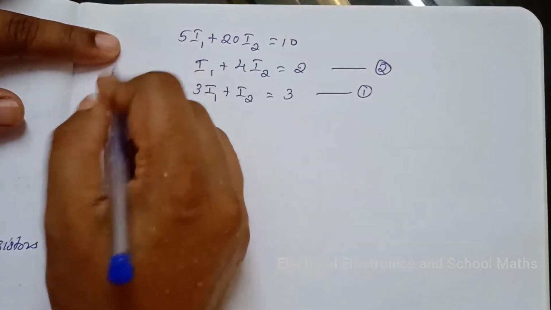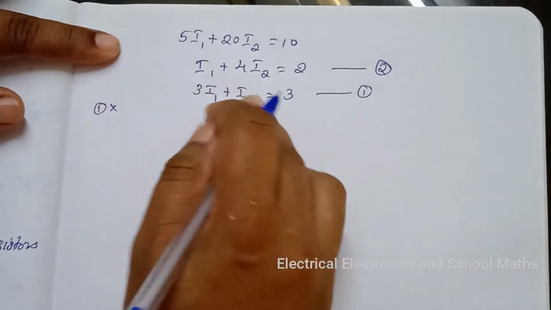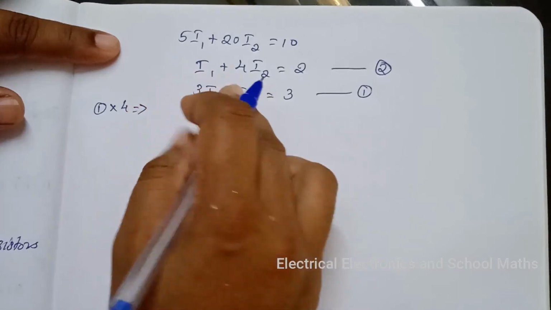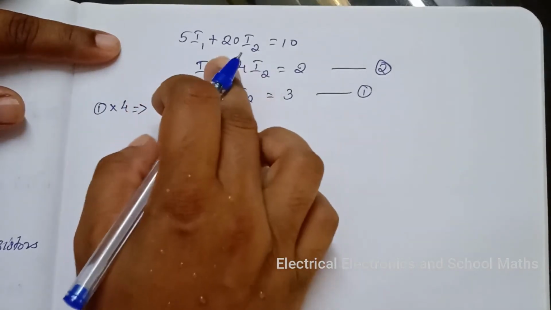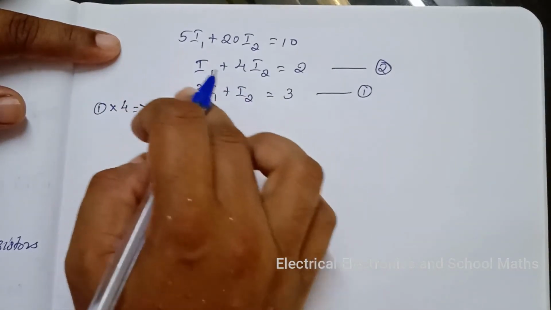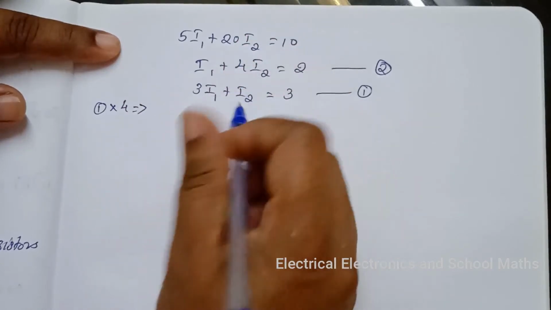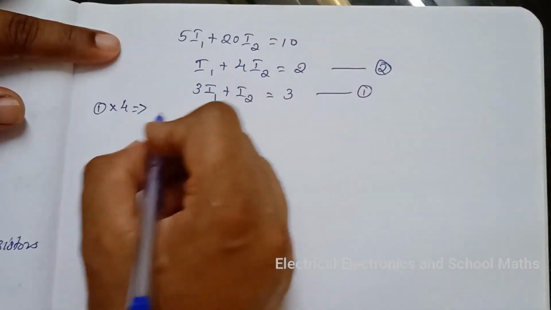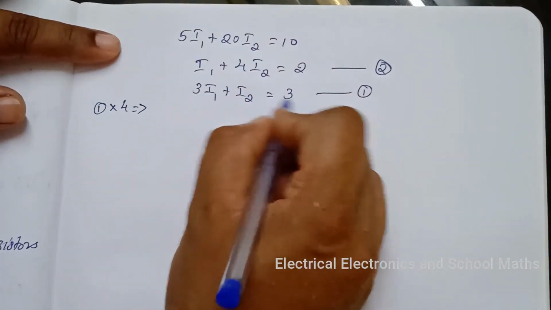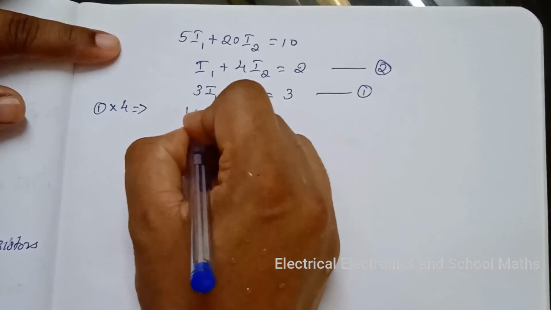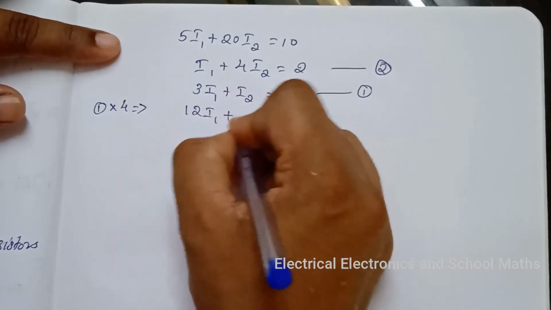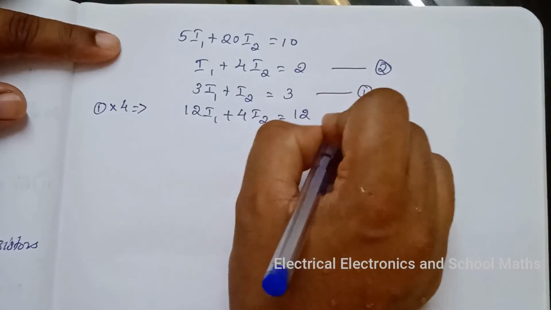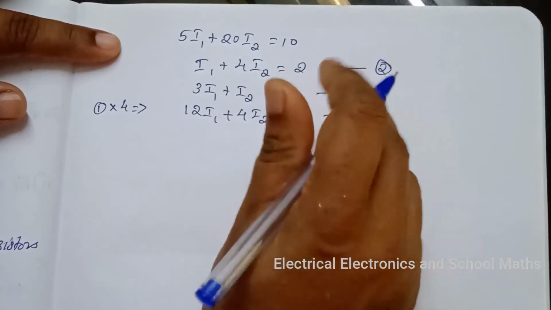First multiply equation 1 with 4, or you can multiply equation 2 with 3 for equating the coefficients of either I1 or I2. So multiplying equation 1 with 4, we get 12 I1 plus 4 I2 equal to 12. So this is the new equation.